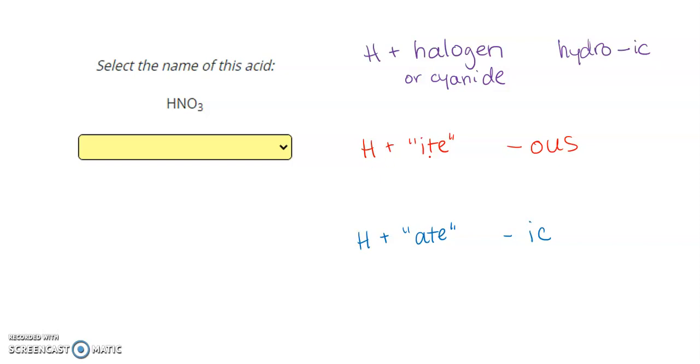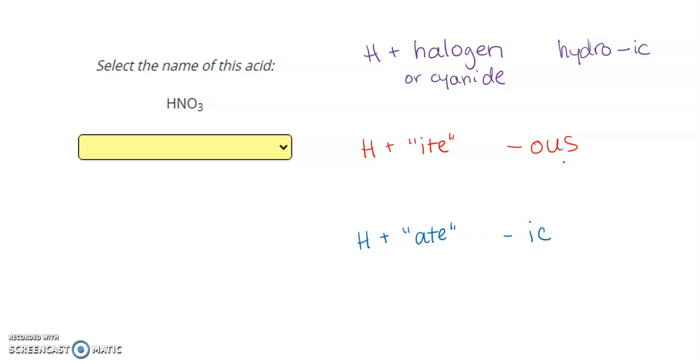If it's H stuck to a polyatomic ion that ends in ite, then you would change the ending of that polyatomic ion to us, and then write acid. If you have H stuck to a polyatomic ion that ends in ate, you would change the ending to ic, then write acid. So the first thing to do is figure out which path you are going to follow: hydro-ic, us, or ic.